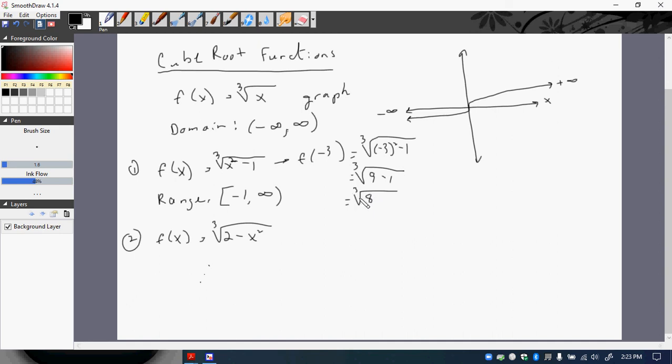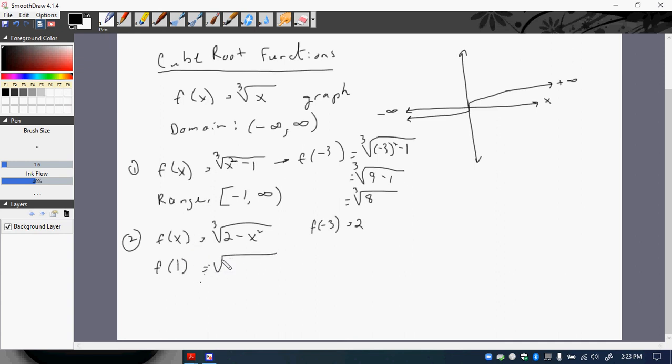And so the cube root of 8 would be 2. So my f of negative 3 is going to be 2 on that function. If I do a number for the other function, I said it was a 1.